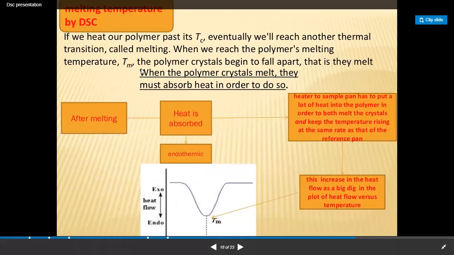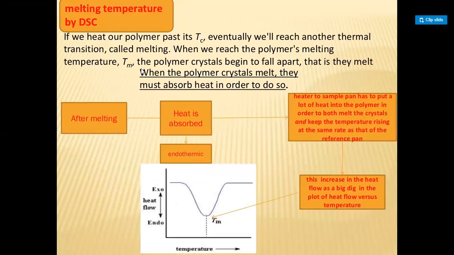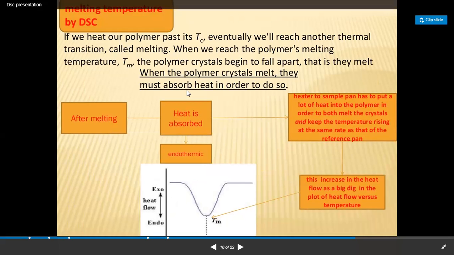If we heat our polymer past its crystallization temperature, eventually we will reach another thermal transition called melting. When we reach the polymer's melting temperature, that is Tm, the polymer crystals begin to fall apart, that is, they melt. When the polymer crystals melt, they must absorb heat in order to do so.